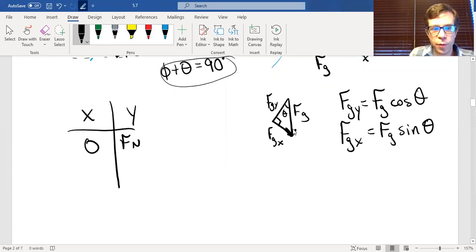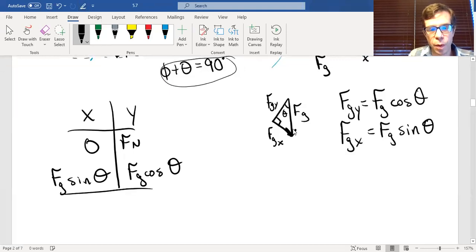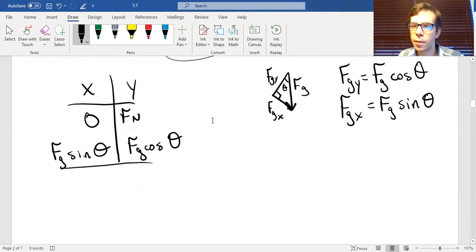And we have the force of gravity, which has components in the X and components in the Y. So there is our component chart, and we can make our equations of motion from that. Like I said just before, this is an alternative to writing your components on a new free body diagram. I like to use the table usually.